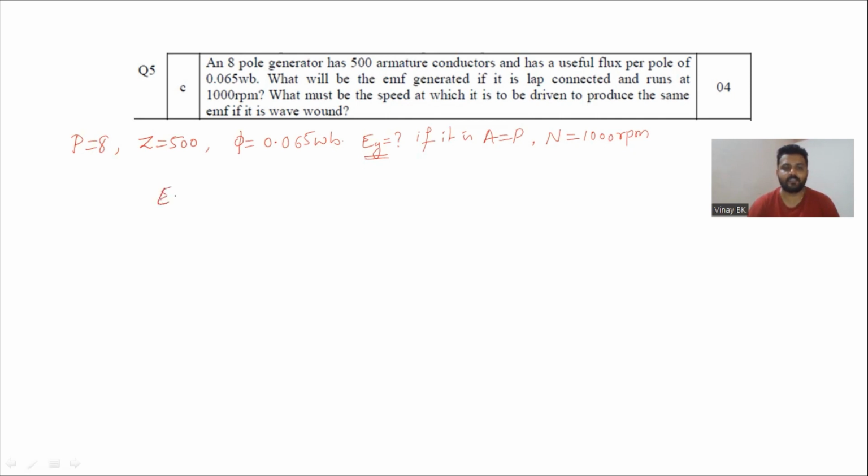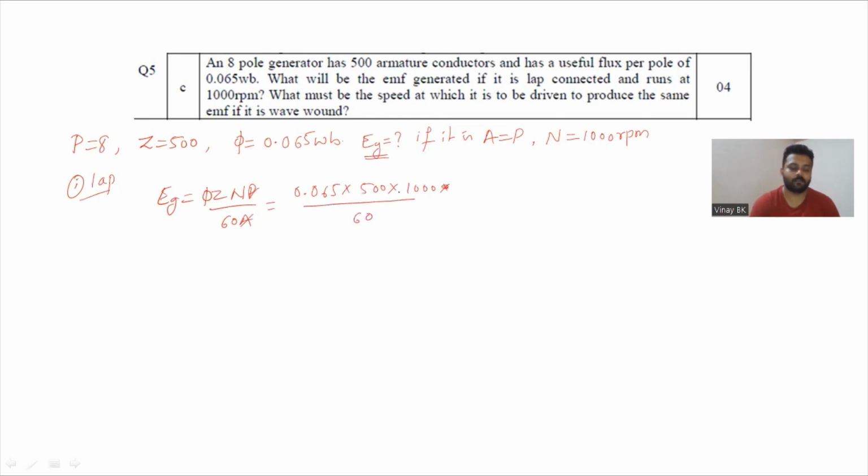We know that EG is given by phi ZNP divided by 60A. Here A equals P because the first case is lap connected. So phi is 0.065, Z is 500, N is given as 1000 for this case. P you know that A equals P, so A and P will get cancelled, divided by 60 directly.